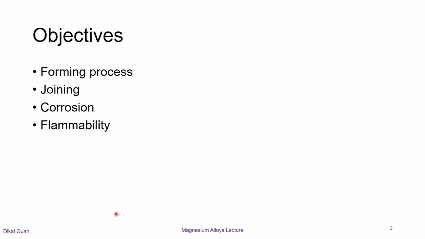In the end, if we have time, I will disclose the secrets of flammability of magnesium alloys. During the whole lecture, I will also give some examples of magnesium alloys and their applications.